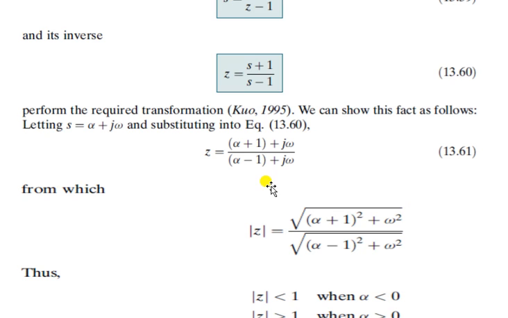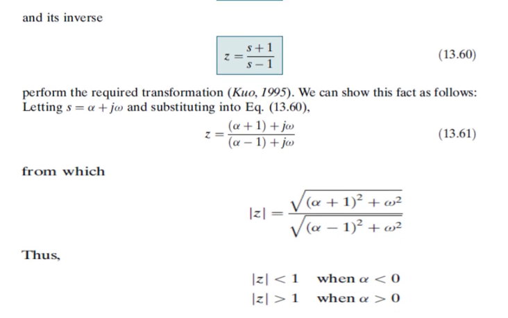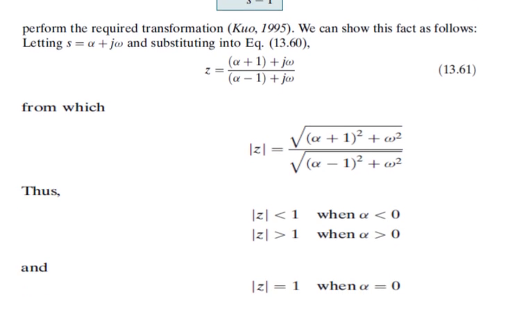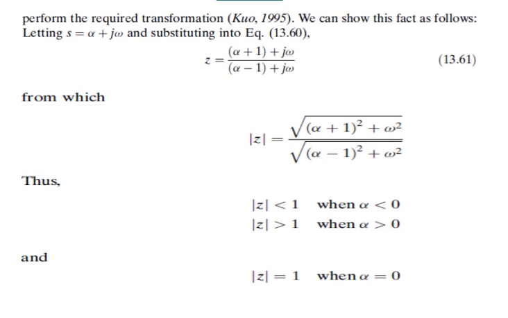Similarly, for the denominator part, you can find out the magnitude. Now, if you observe this Z equal to this part, we will analyze it by putting some values for alpha. Say alpha is less than 0. The meaning of less than 0 is, say you assume the alpha value is minus 1.